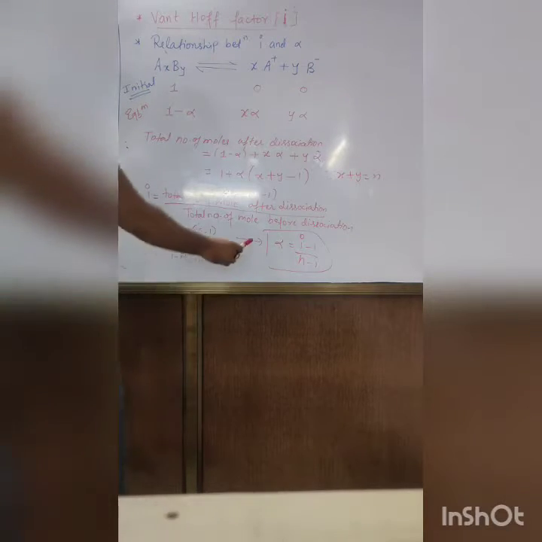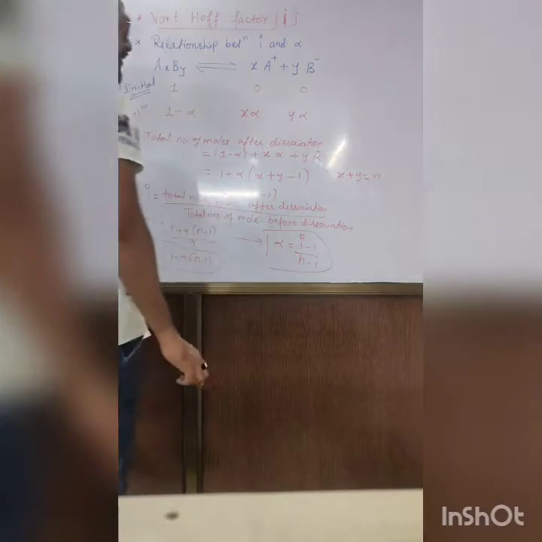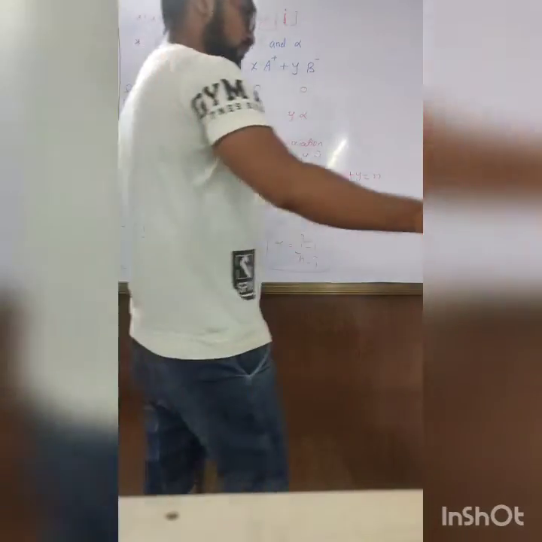So this is the final equation. This is the relationship between the degree of dissociation alpha and the value of i.